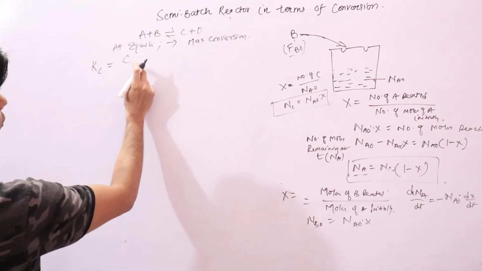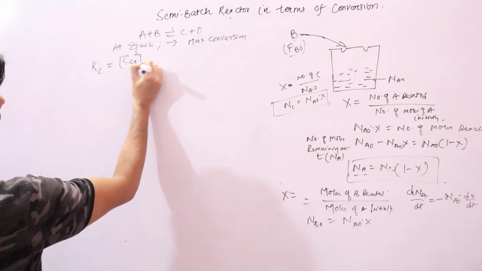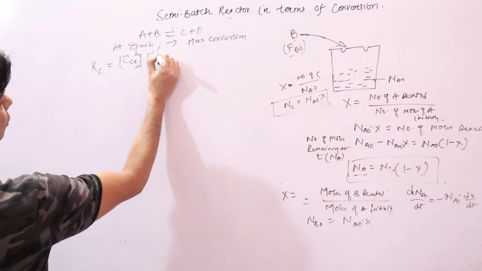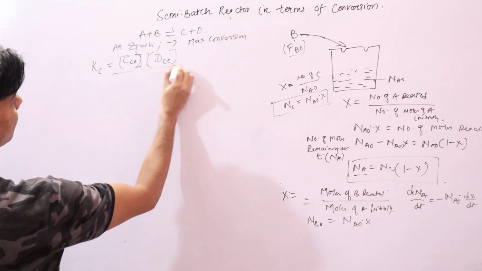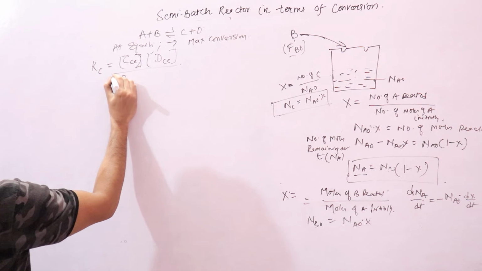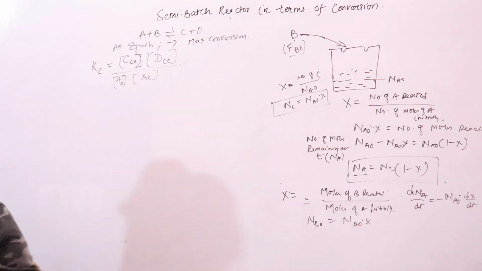So this is the concentration at equilibrium of C, the concentration of D at equilibrium, the concentration of A at equilibrium, the concentration of B at equilibrium.